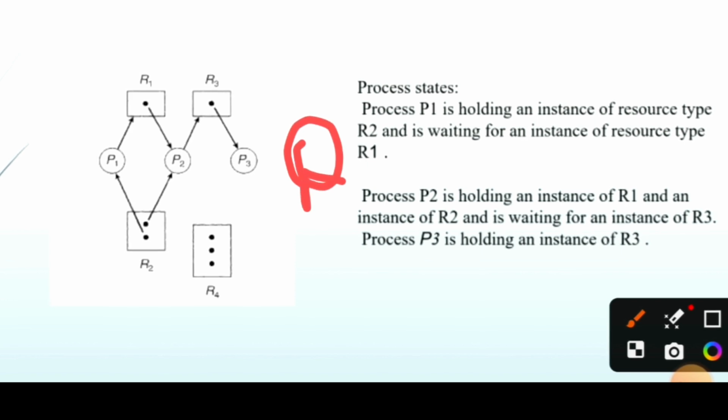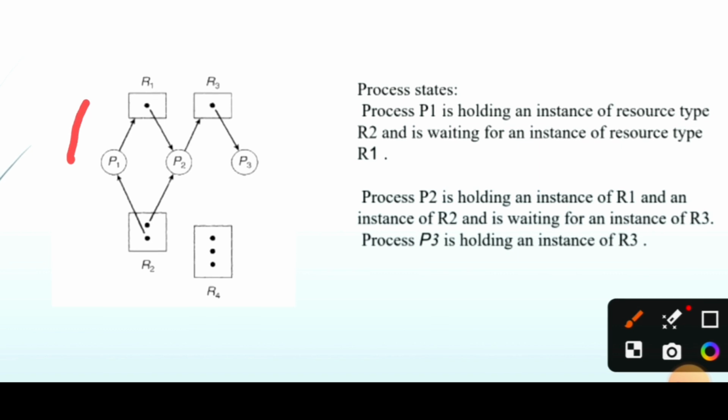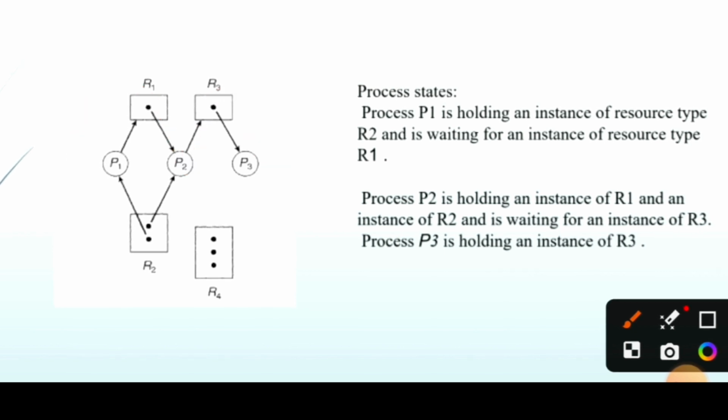A cycle is something like this: you start from a particular process and then you follow the arrows. If the arrows lead you back to the same process you started from, then this is called a cycle.